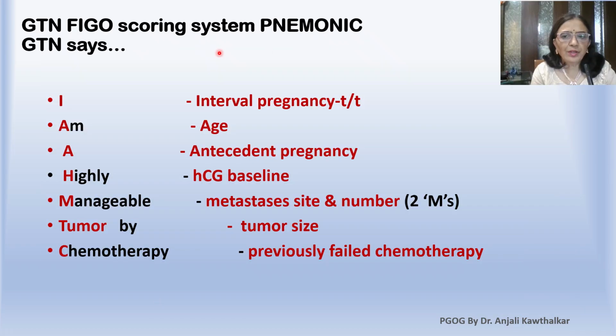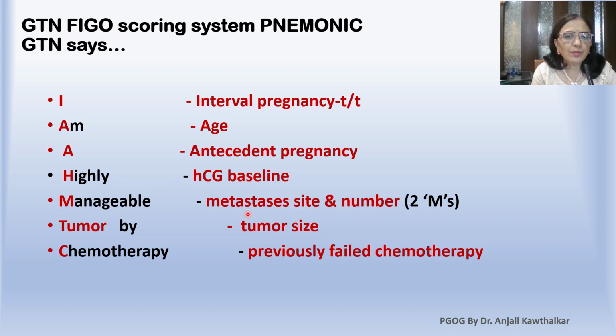This is a mnemonic. I thought about it to remember these 8 parameters for this GTN FIGO scoring system. GTN is saying that I am a highly manageable tumor by chemotherapy. Now, this I have made for myself. You can have your own way of remembering, but I found this quite useful. I is for interval between the pregnancy and treatment. First A is age, second A is antecedent pregnancy, H is for HCG.